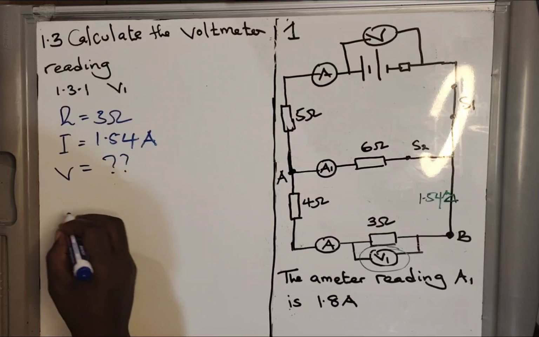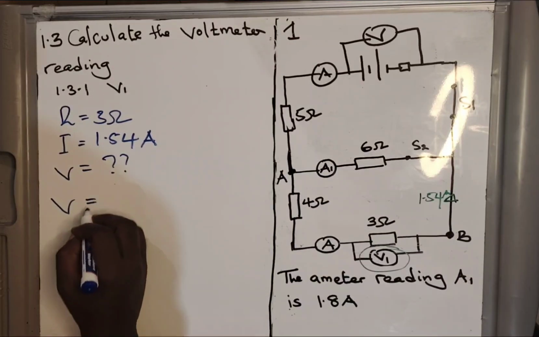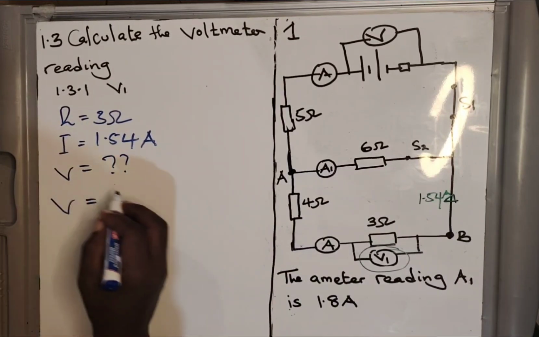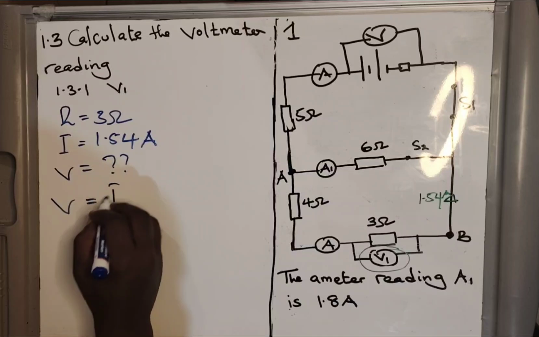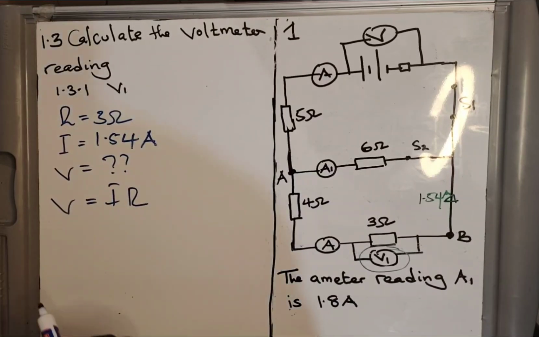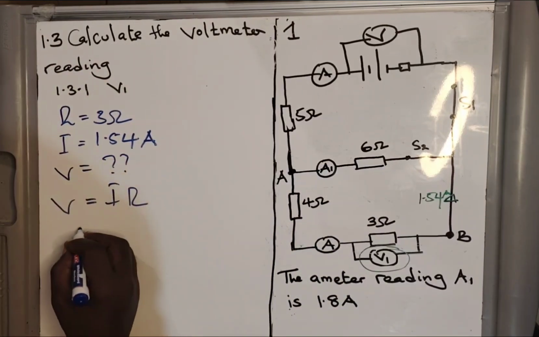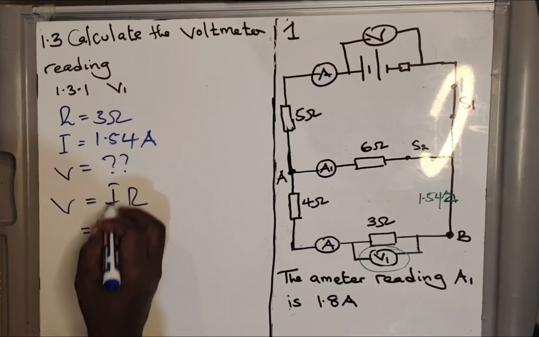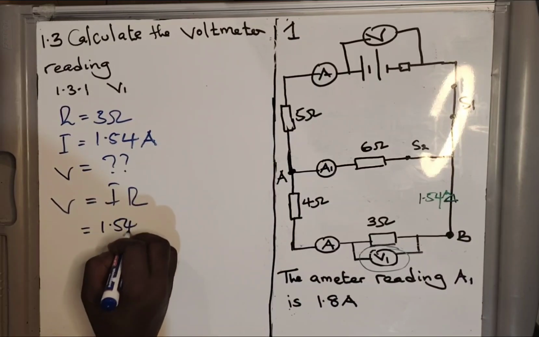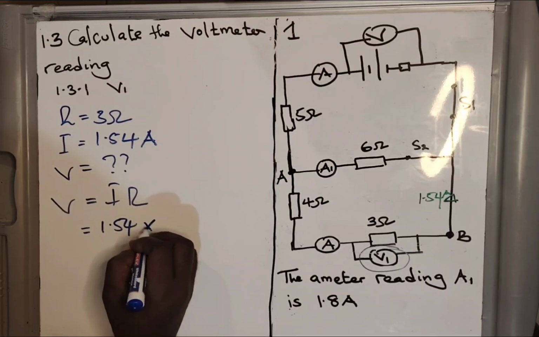What does Ohm's law say? It says that the potential difference across a conductor or in a circuit is equal to the product of those two. So here we are looking for V, but we know I, which is 1.54, and you know R, which is 3.